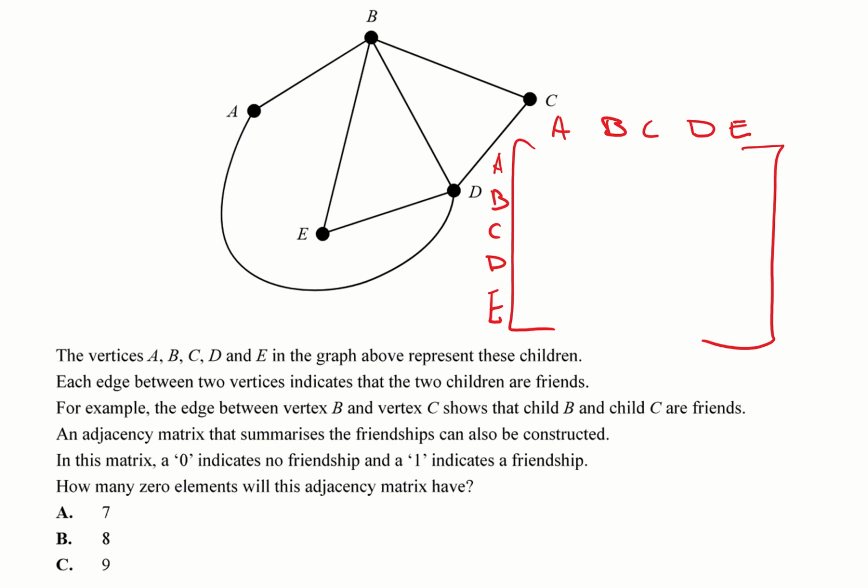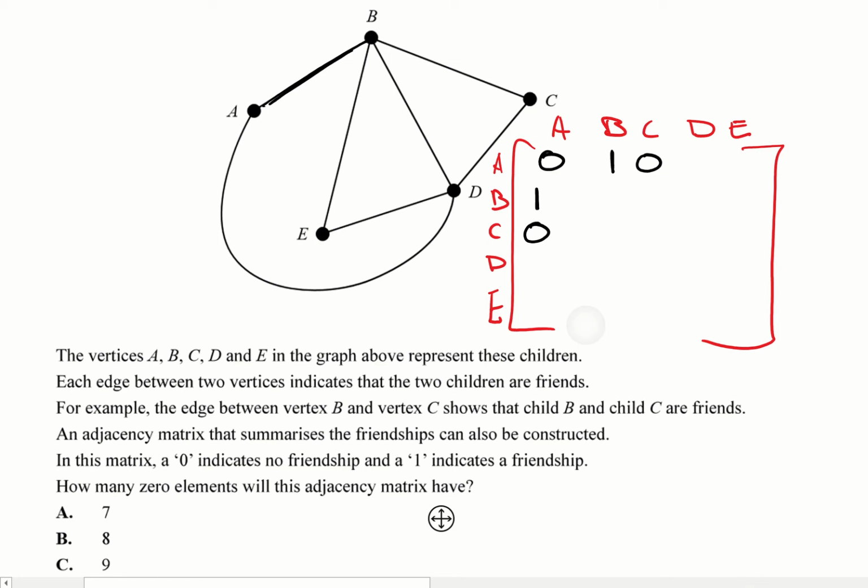A to A, is there any A to A? No, there's not. A to B, there's 1. There's also a B to A, so I'm going to put a 1 there. There's no A to C, so there's going to be 0 there. Is there any C to A? There's no C to A, so let's go 0.